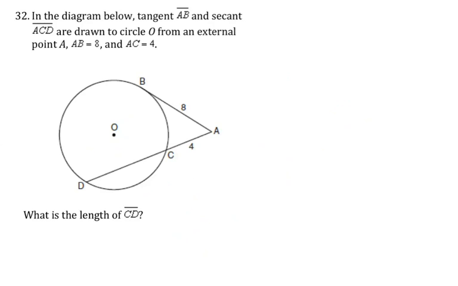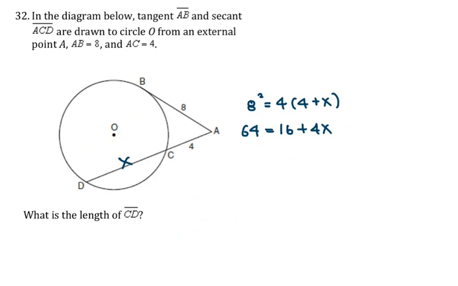Alright, let's look at the next question here. So here we have AB is 8 and then AC is equal to 4. What is CD? So I'm going to call that X. Using the same formula, we get 8 squared, which is equal to 4 times 4 plus X. Then 64 is equal to 16 plus 4X.